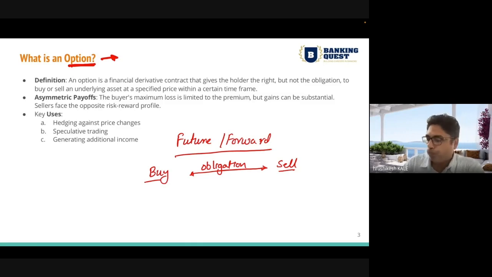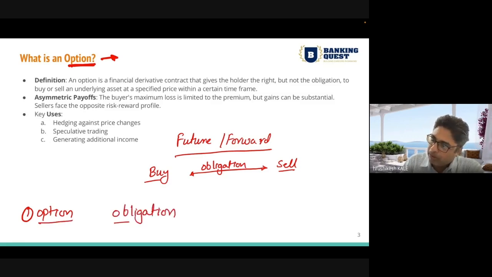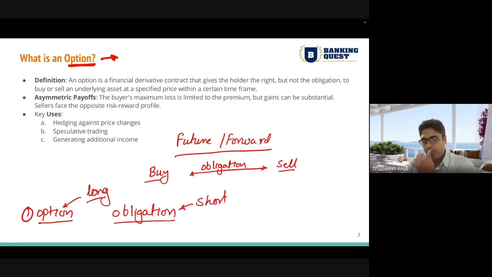So, in an option, one party will have an option and another party will have an obligation. The party which has an option is called long. The party which has an obligation is called short.